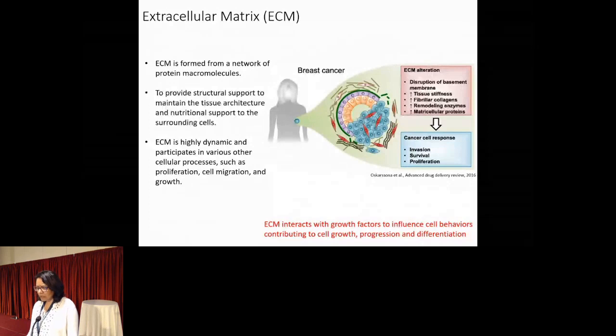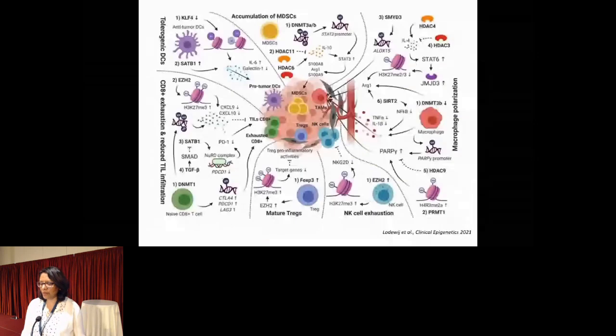Typically, when we think about the tumor microenvironment, most studies have concentrated on immune cells and their interactions with other components of the microenvironment. But recently, we are seeing contributions from epigenetic marks, specifically histone marks.